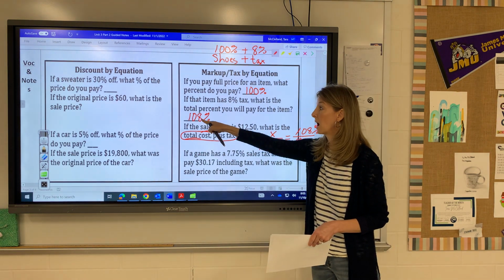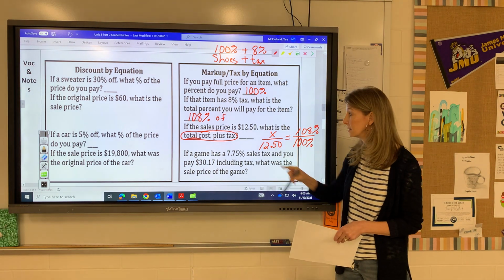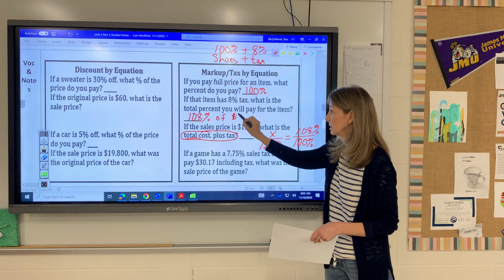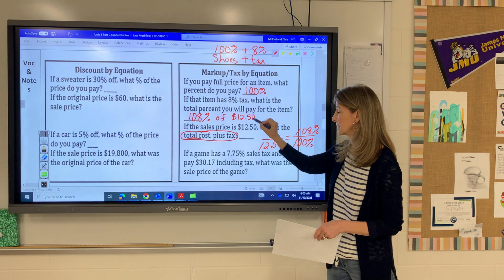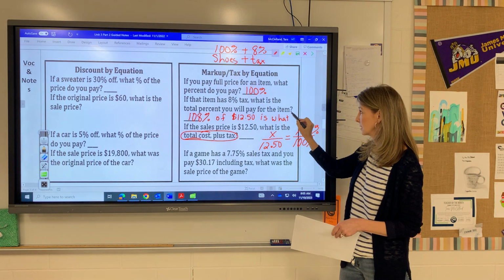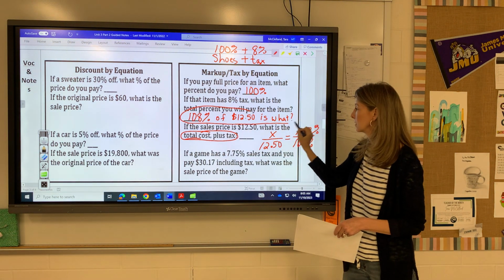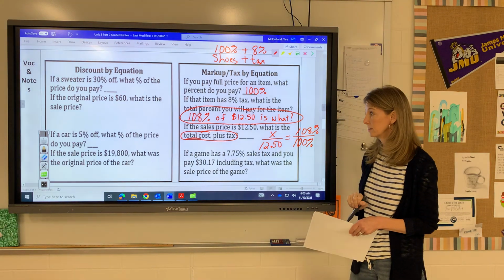If I write this as an equation, basically I'm saying 108% of $12.50 is what? So think about how we would take this right here and write as an equation.